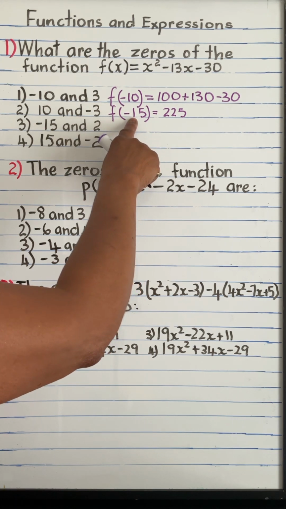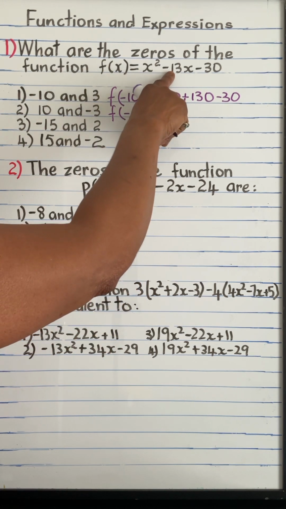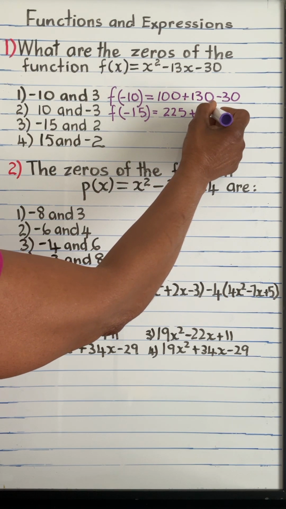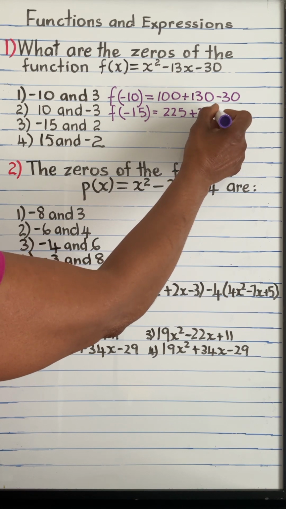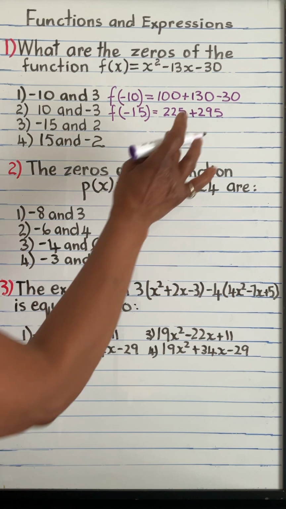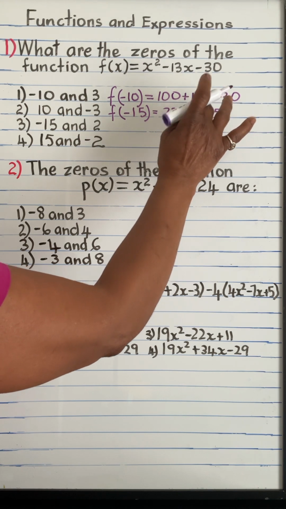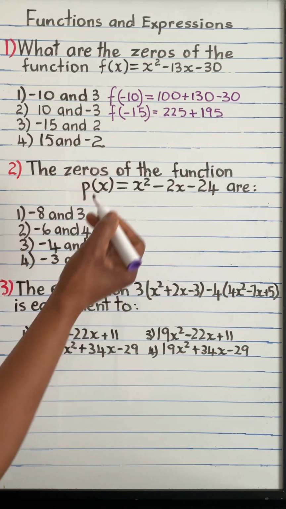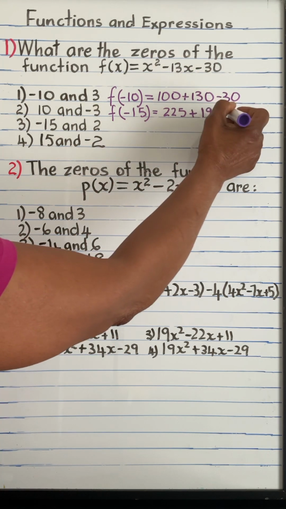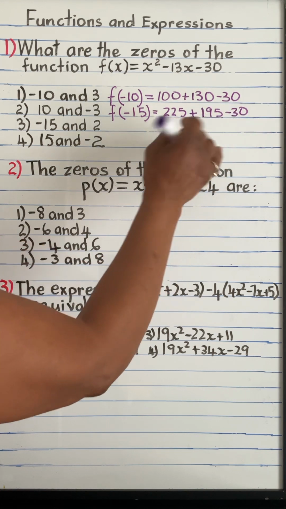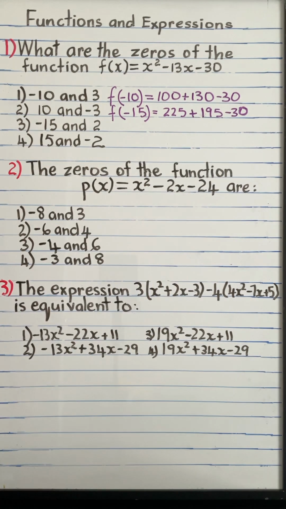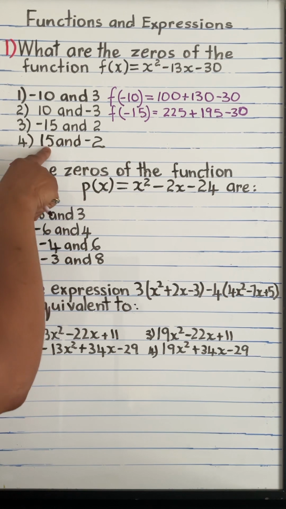Negative 15 times negative 13 is equal to positive 195. 15 times 13, 195. And then we have this minus 30. And here again, we see that this is not equal to 0 when simplified. So let's move on to this one.